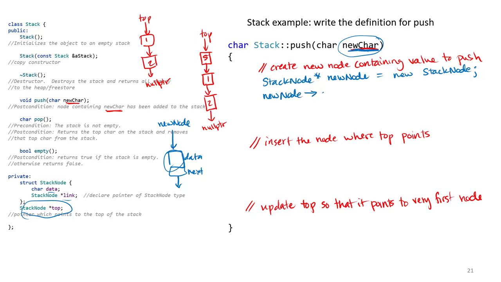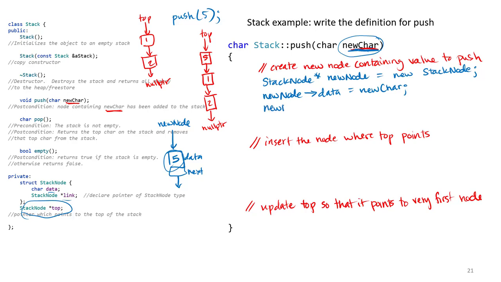New node arrow data needs to be set equal to new char. That way, whatever value I put in this push function will be stored inside data. So if I say push 5, that would store the value 5 inside data.